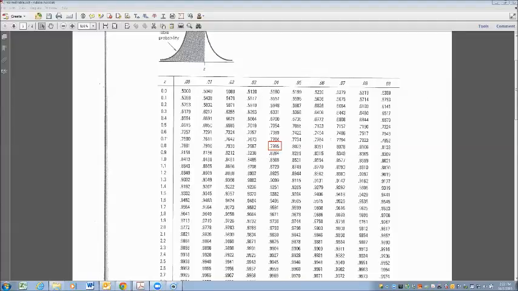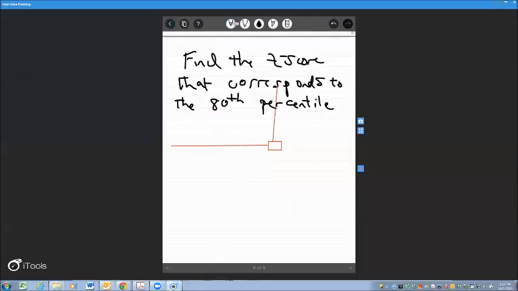So that's about my 80th percentile, and it happens at a z-score of, let's see, 0.84. So we know that the probability that z is less than 0.84 is approximately 0.80.